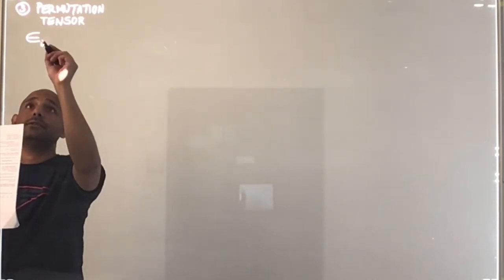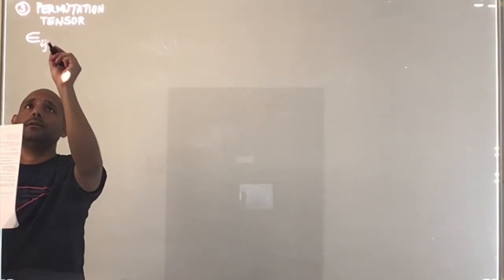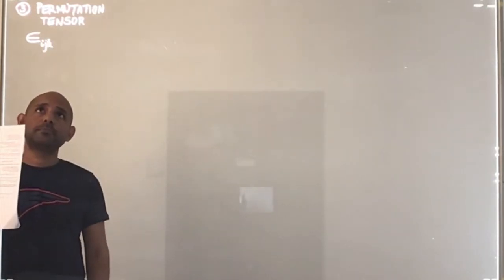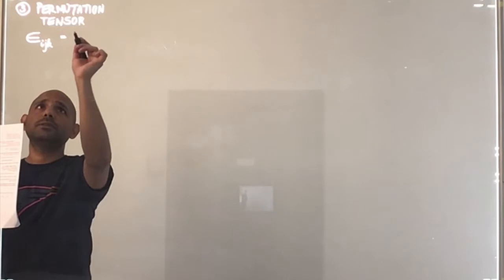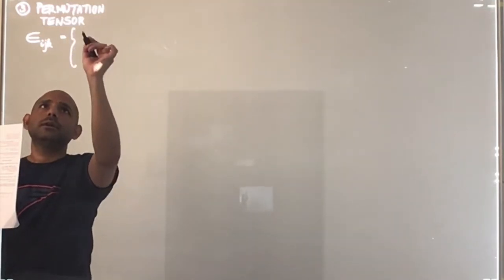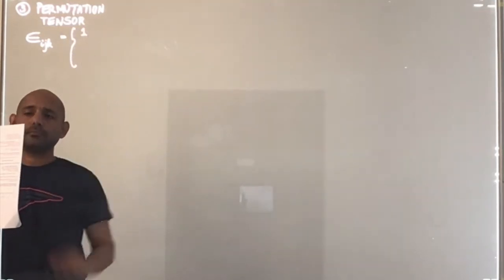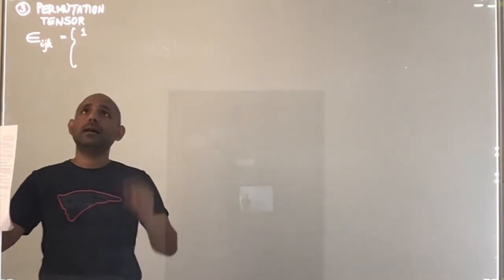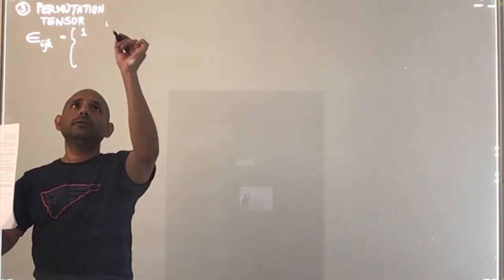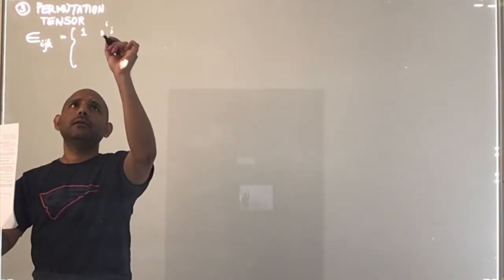It has 3 indices, I, J, and K, and it has the following property. It is 1 when I, J, K are clockwise.